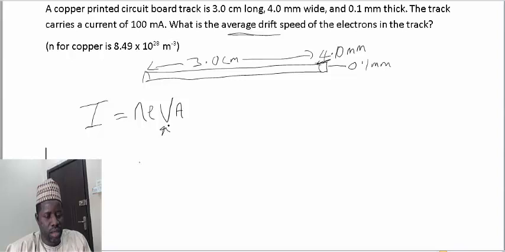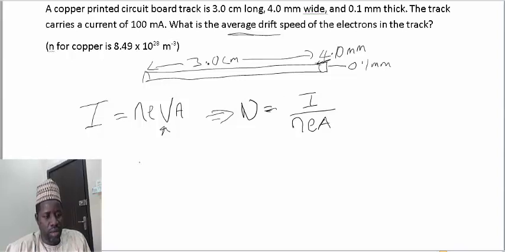So we can make the velocity the subject of the formula by dividing both sides by the coefficients of the velocity. If we do that successfully, we get the drift velocity to be evaluated from the current divided by the charge carrier density, the charge on the electron, and the cross-sectional area.